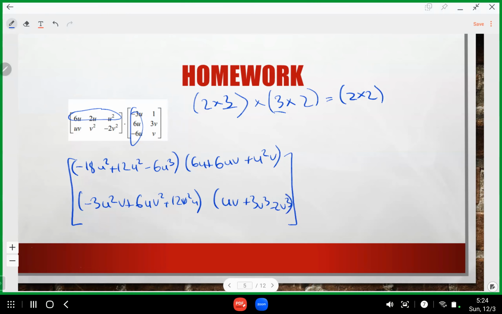Okay, and we just have to simplify terms now. So let's check. So we have negative 6u squared minus 6u cubed. That's our first term. Don't worry about factoring or anything. 6u plus 6uv plus u squared v, our second term in this row.